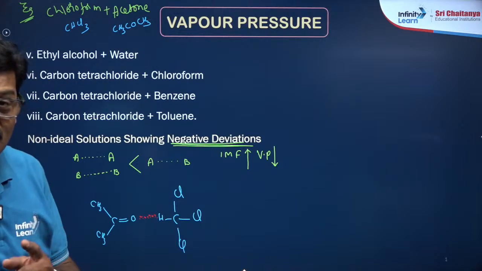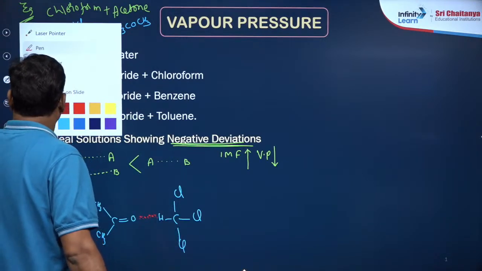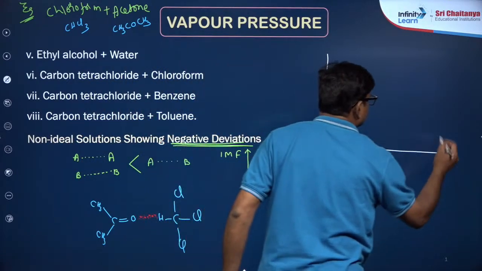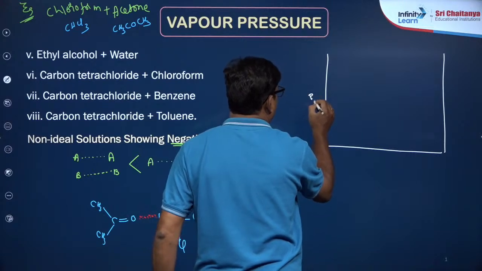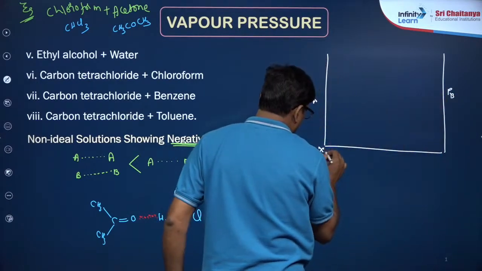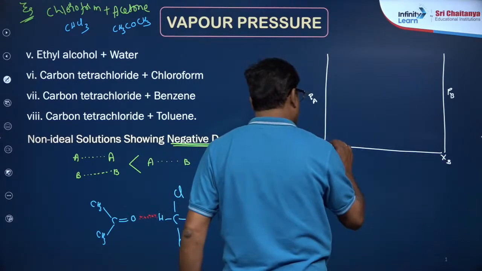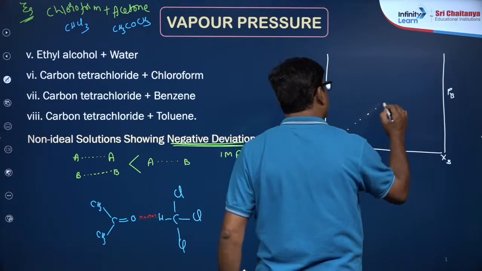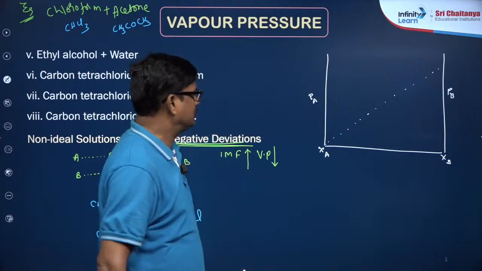Understand? Clear? So that if you draw a diagram, vapor pressure of A, vapor pressure of B, mole fraction of A, mole fraction of B. As mole fraction of A increases, vapor pressure should increase if the solution is ideal, right.